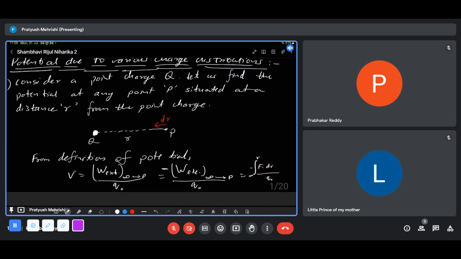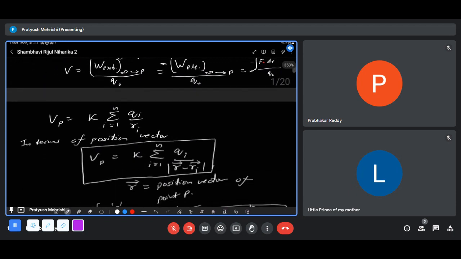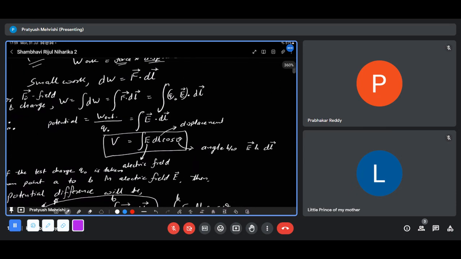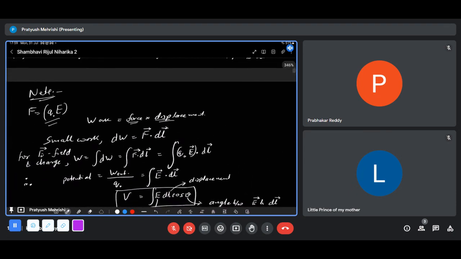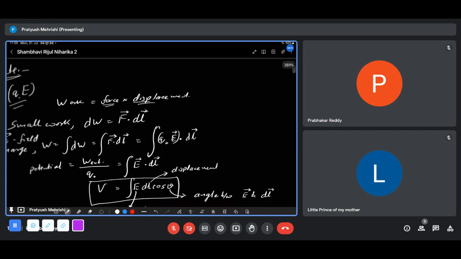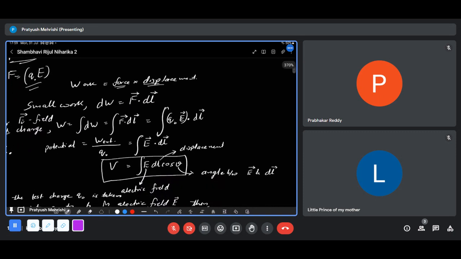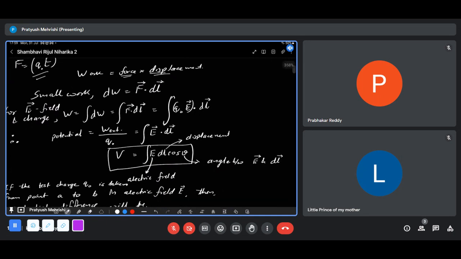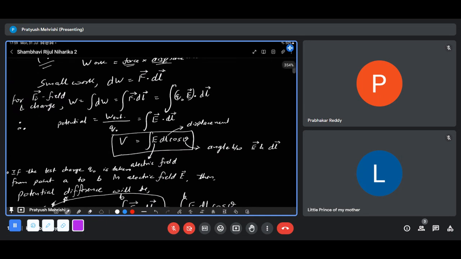That's what we are doing here: F dot dr divided by q. Now what is F? What is the force which is being applied over this charge? Force that is being applied is qE. It means work done will be qE dot dl. Now this dot product will give us cos theta, E dl cos theta.